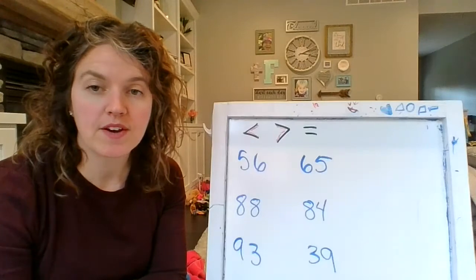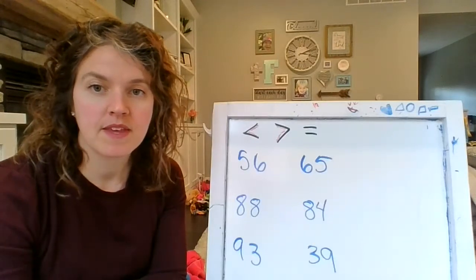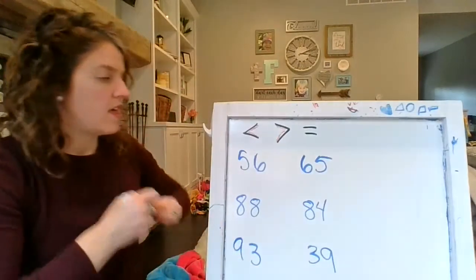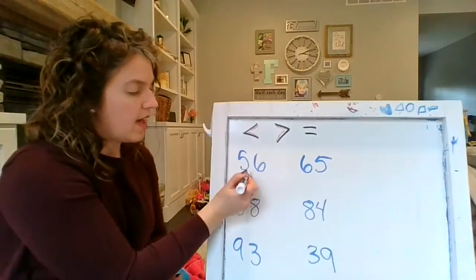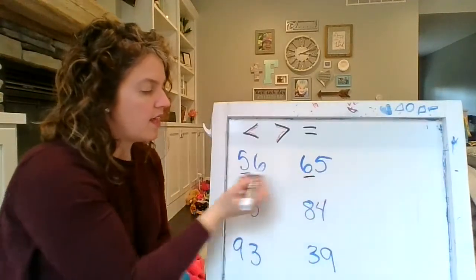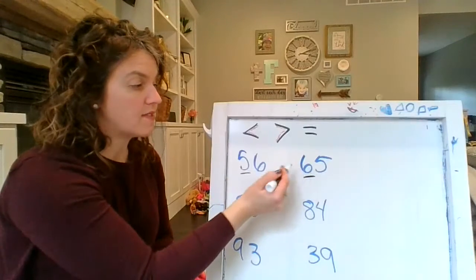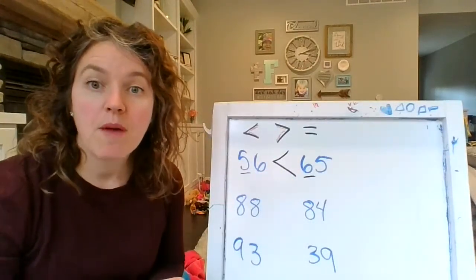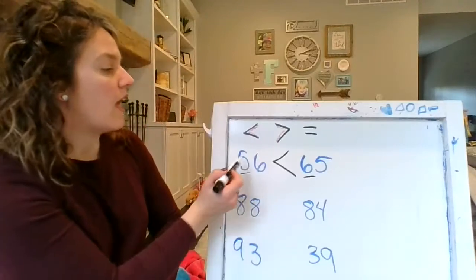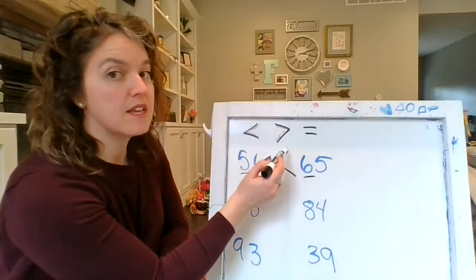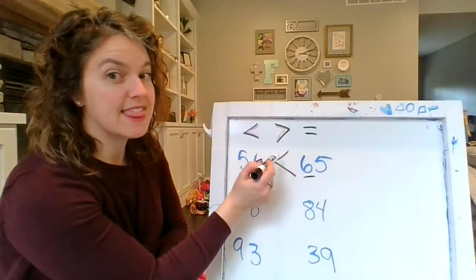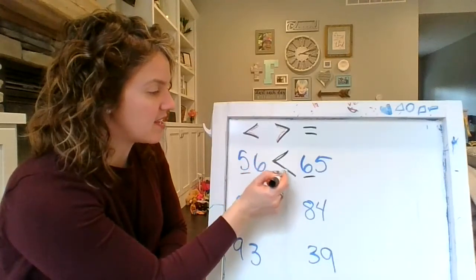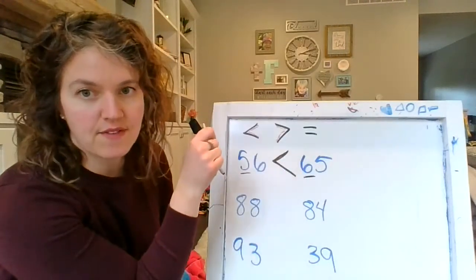Which one is greater? 65. If we look here at our groups of 10, this one has 5 groups and this one has 6. So that one is going to have the alligator mouth. But when we say it, we're going to say 56 is, what is it? Less than, there's our L, 65.